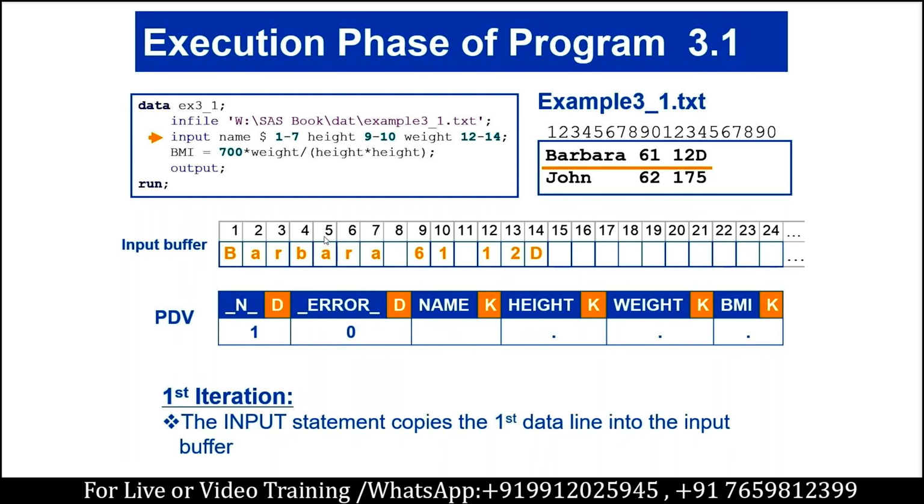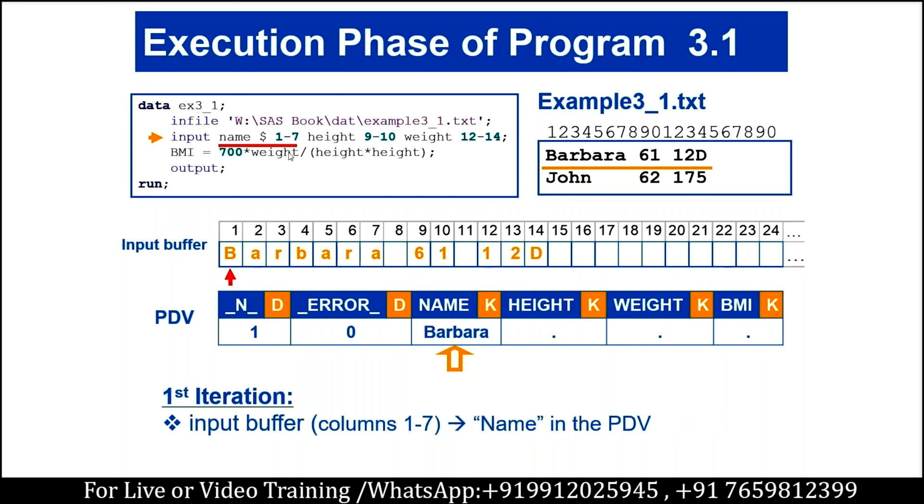The input buffer holds the entire first record position-wise: 1 to 7 name, 9 to 10 height, and 12 to 14 weight. From the input buffer, the PDV reads variable-wise. Now you can see first name is 1 to 7. The input buffer is holding position-wise, and from the input buffer the PDV is going to read the first name.